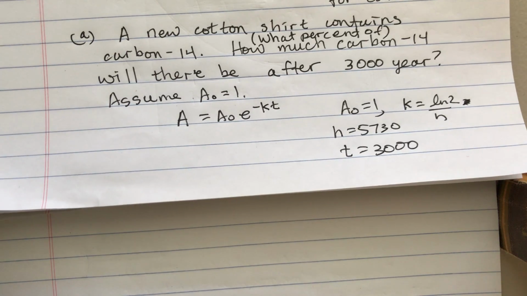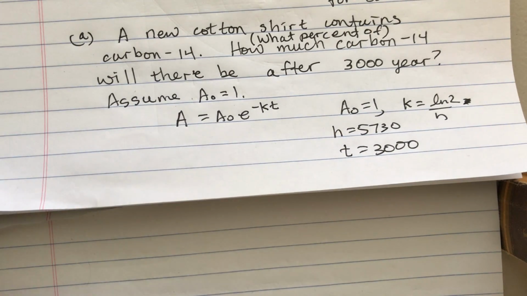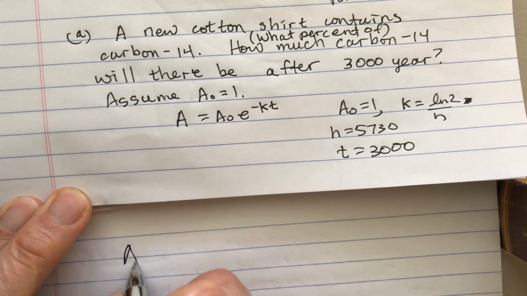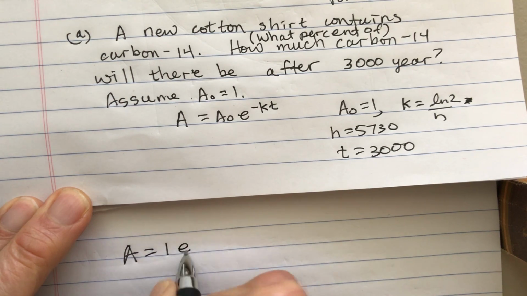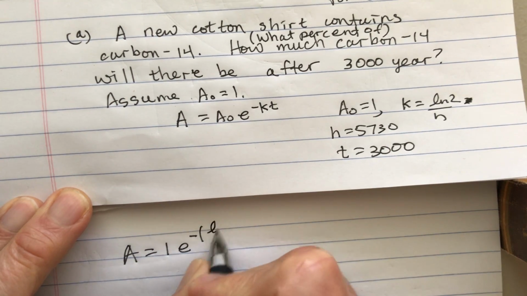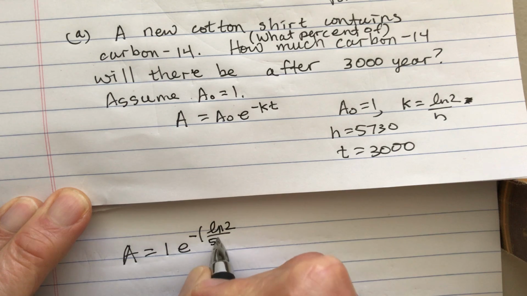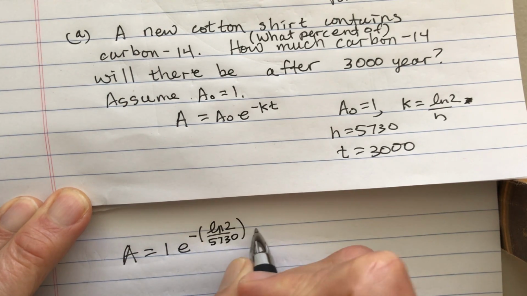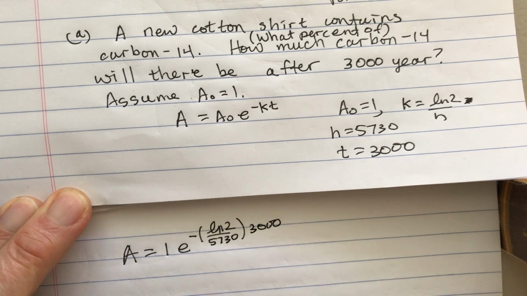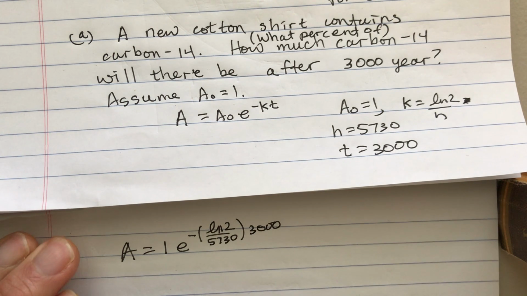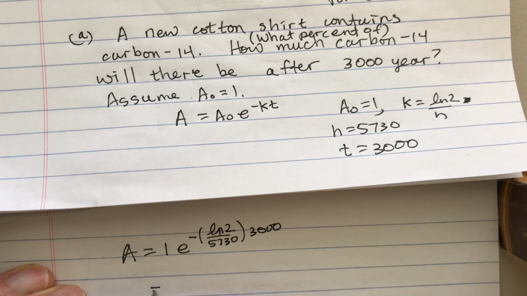So A equals 1, e to the negative ln 2 over 5,730 times 3,000.